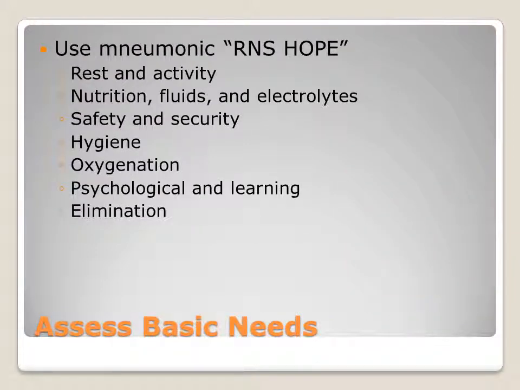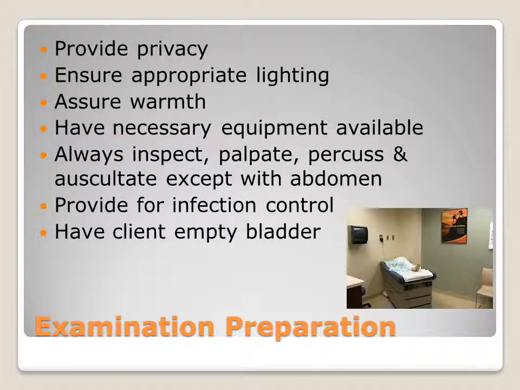Then you begin to assess basic needs. There are several different ways to do this, but for example, use the mnemonic RN's HOPE. Getting ready for your examination requires some planning. Always provide the privacy and make sure that everything is ready to go.